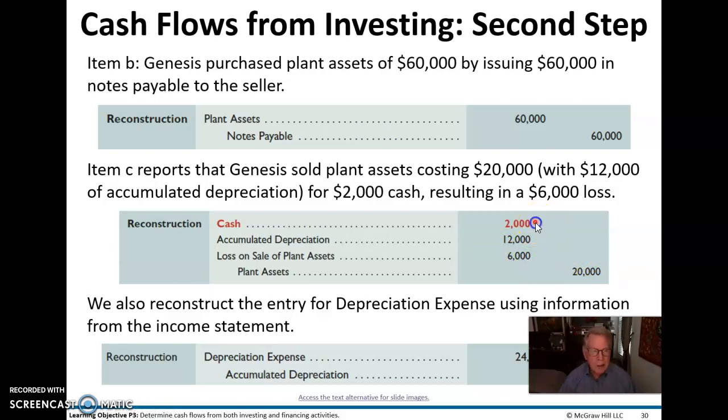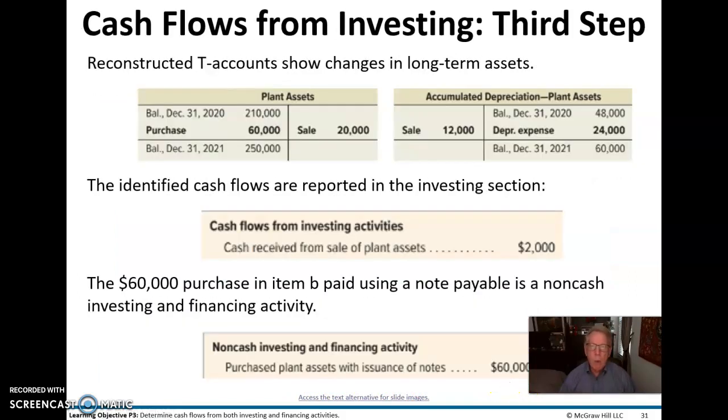But we had $2,000 in cash receipts. Now the other thing is we had depreciation expense of $24,000. So we debited depreciation expense and credited accumulated depreciation here for $24,000. So a little bit of analytical work going on here shows what happened to those long-term assets.